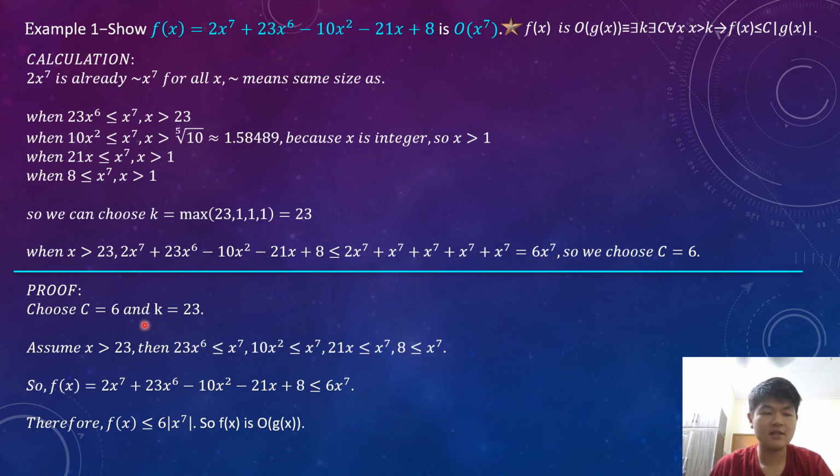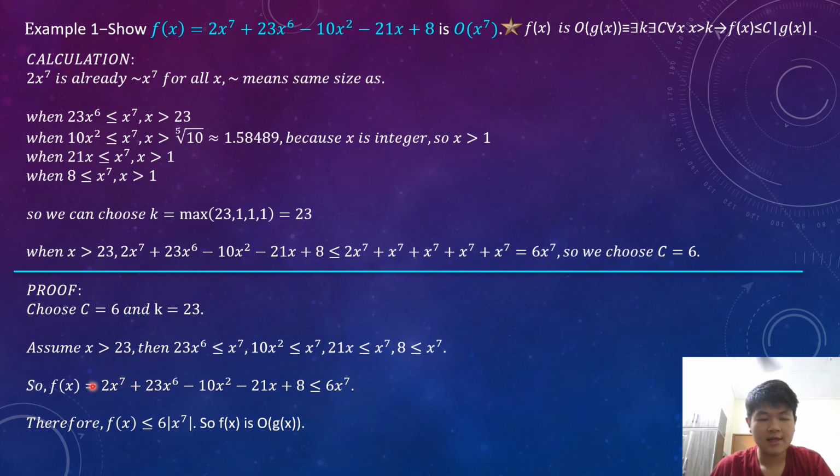So we choose c equal to 6 and k equal to 23. We assume x bigger than 23, then each term is smaller than or equal to x to the power of 7, so f(x) is smaller than or equal to 6x to the power of 7.